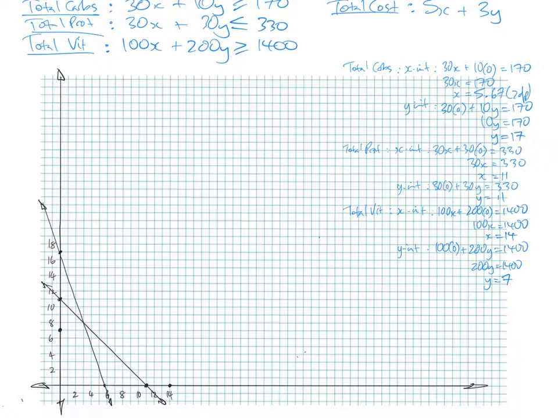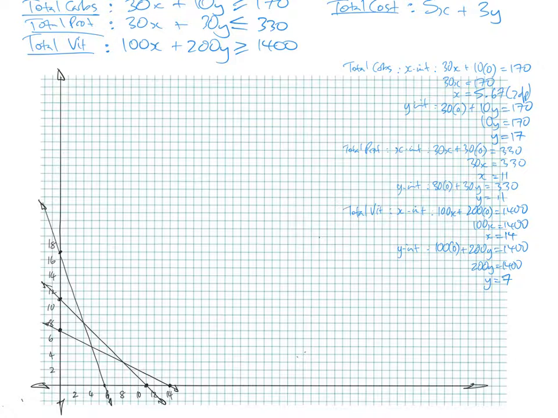You need to see where it crosses the grid lines perfectly, and that's only going to happen if you've drawn your graph perfectly. That's better. So there's our constraints. Now, what can we colour in?